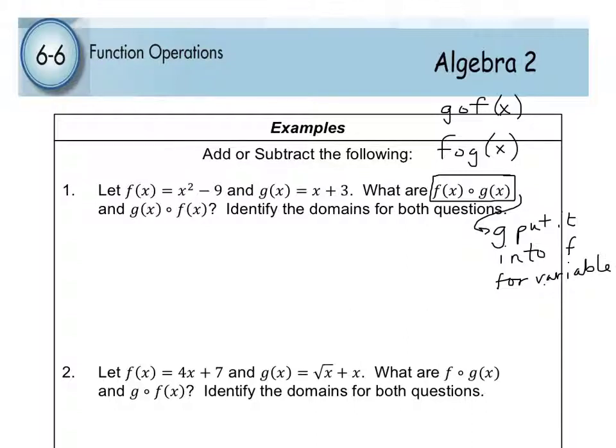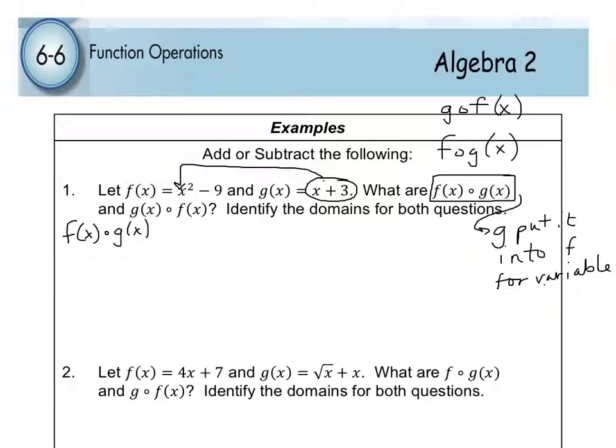Again, all this is a fancy way of substitution. So let's find f of x composition g of x. This tells me we're going to take g, which is x plus 3, and put it into the equation for the x.